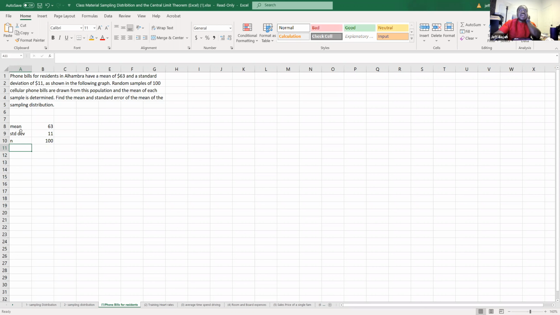It now says, find the mean and the standard error of the sample distribution. So I'm asked to find the mean of the sample distribution, and we're also asked to find the standard error of the sample distribution.